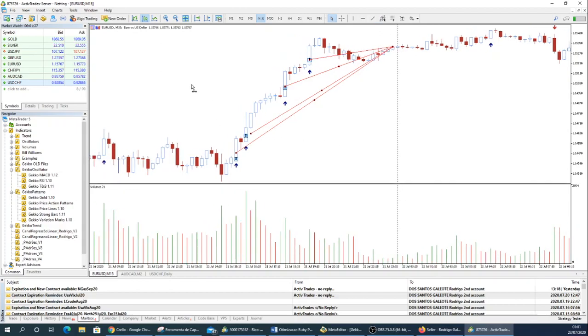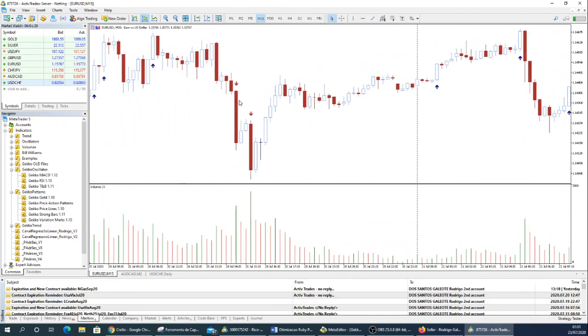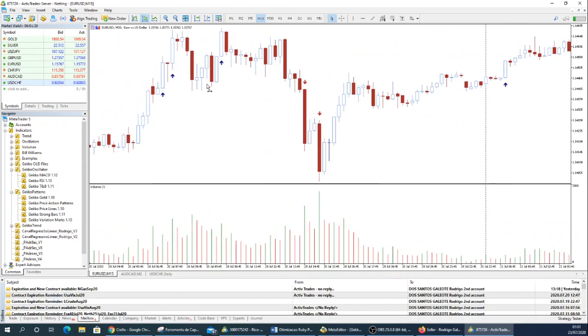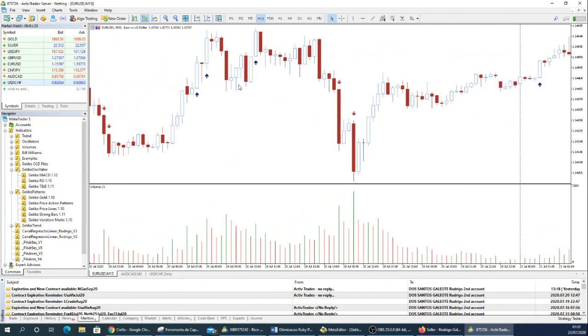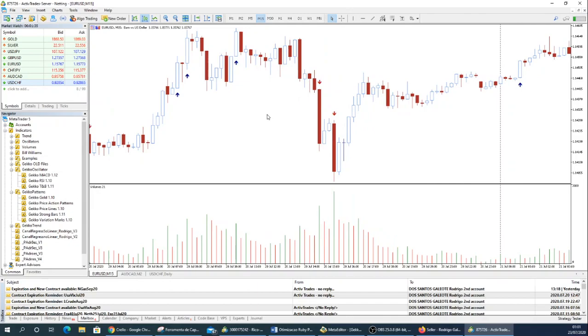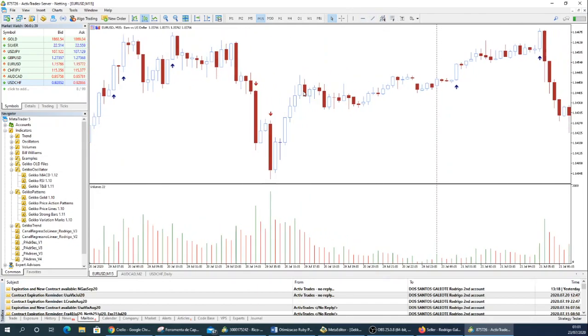Want to go back real quick here, show you some other signs it produced. So again, guys, it will identify a strong bar, right? For example, here, it just told you that this is a strong bar, and it would produce a selling sign most likely in here.